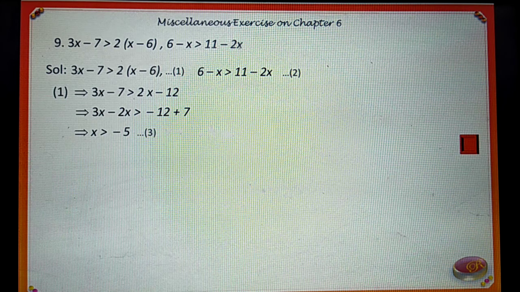Say number 3. 2 implies −x + 2x > 11 − 6, implies x > 5. Say number 4.